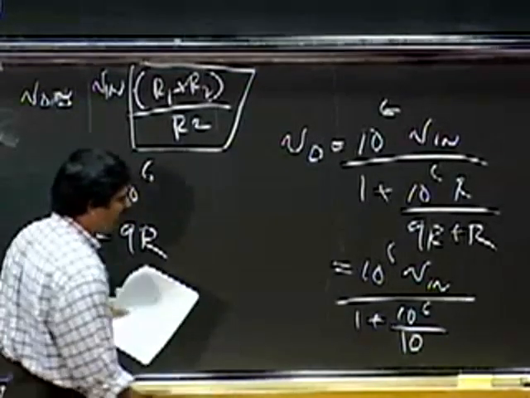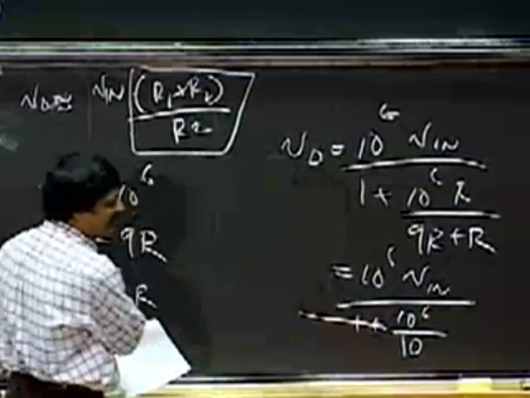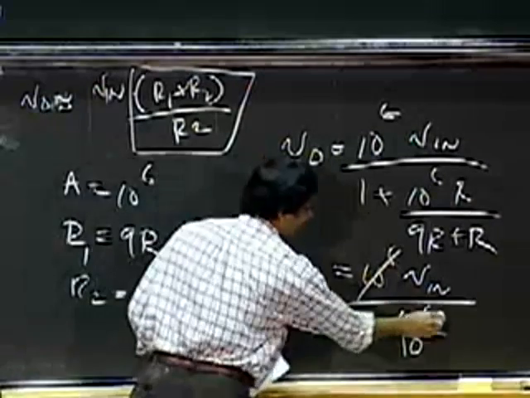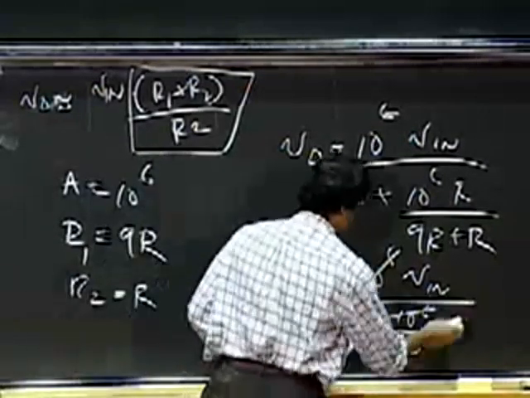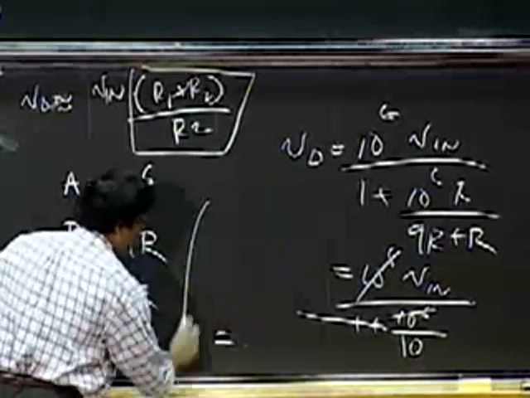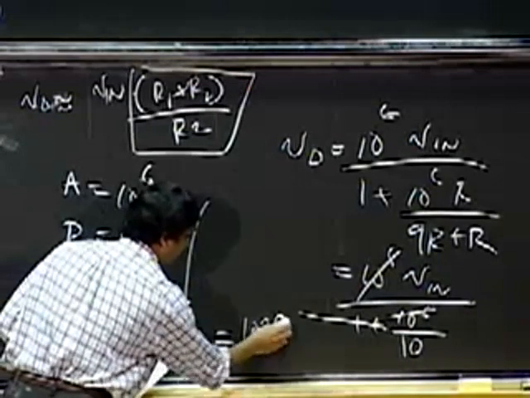So if I ignore the 1 here, the 10 to the 6th and 10 to the 6th cancel out. This ends up giving me 10 V in.